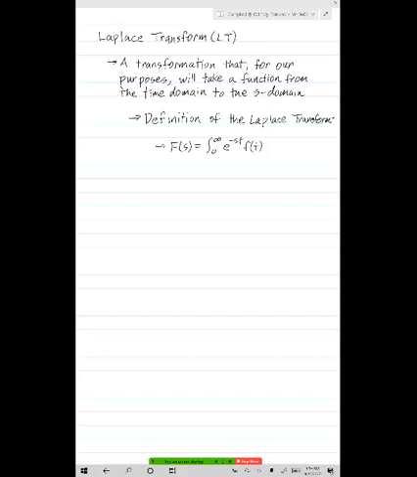F of s is the function in the s or frequency domain, and all that times dt.